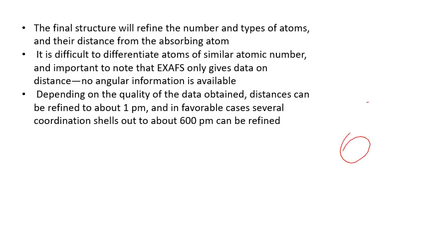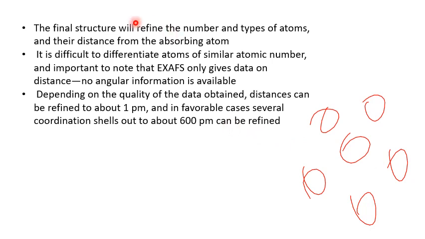This is, for example, the absorbing atom and other atoms surrounding it. So what information will be obtained from the final structure? The number of atoms, how many atoms are surrounding the absorbing atom; the types of atoms, what is the nature of that atom, for example iron, zinc, and so on; and their distance from the absorbing atom.